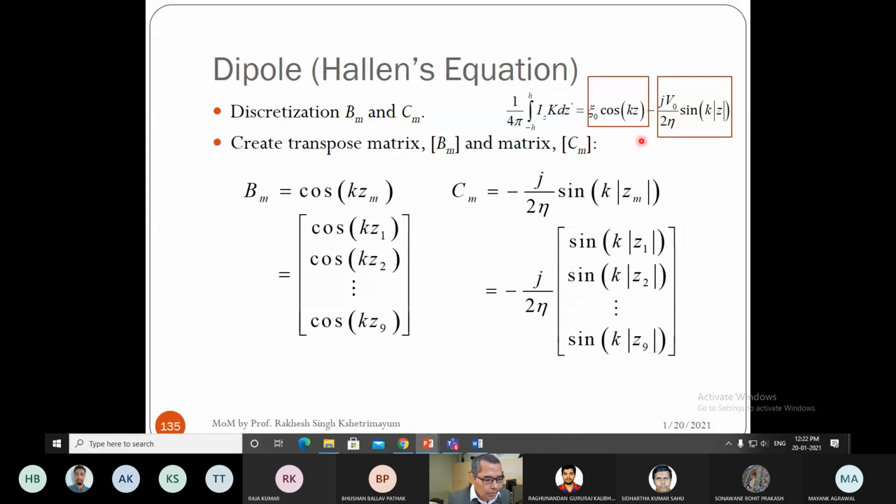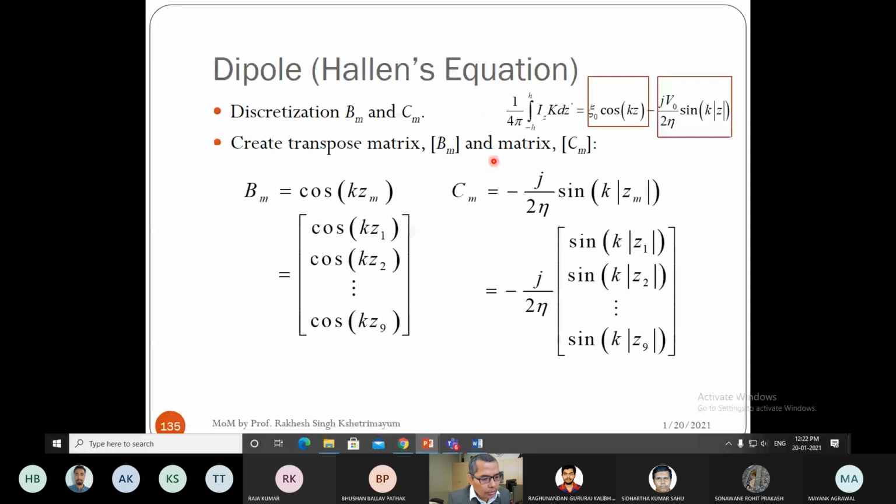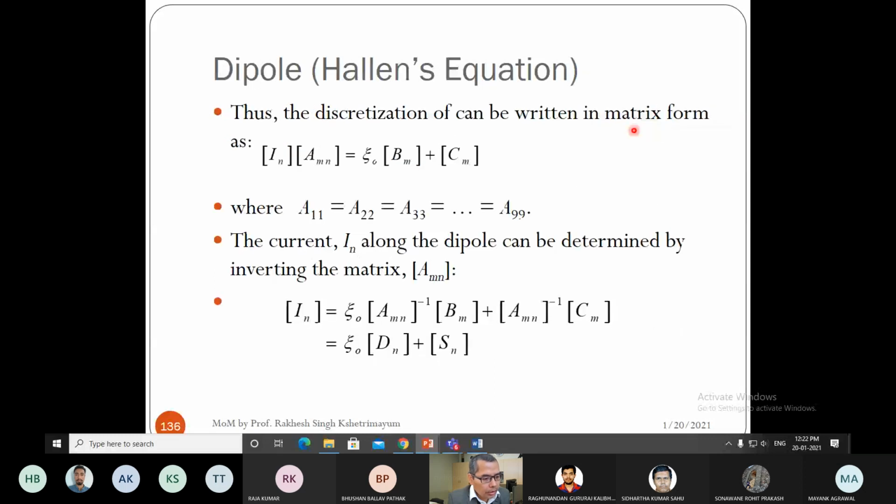So we have the right hand side and the left hand side. We want to find out this I vector. We can do that. On the left hand side, what do I have? I_n into A_mn, you can write Z_mn also, it's okay. Then on the right hand side, what do I have? Xi naught, then cos of Kz, which I have represented by Bm, plus the second term, which I have represented by Cm.